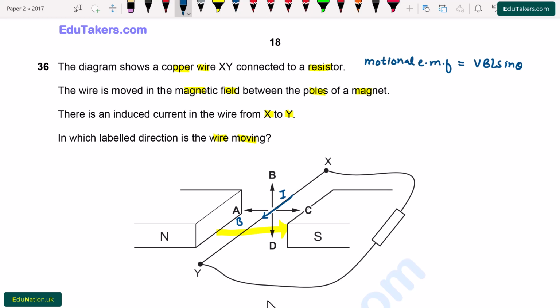Here L is the length, B is the magnetic field, and V is the speed with which the wire is moving. According to Fleming's right hand rule, the direction of current is in this direction while the magnetic field is in this direction. According to Fleming's right hand rule, option D is the direction of the wire movement. In direction D the wire will move, so D is correct.